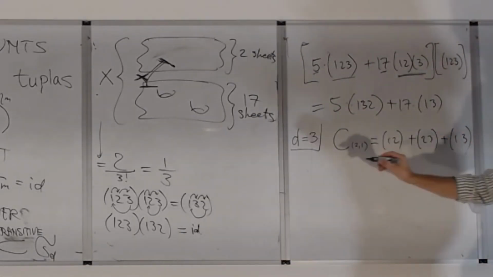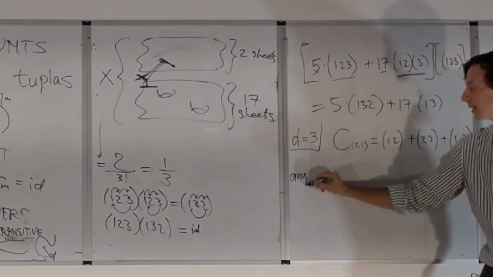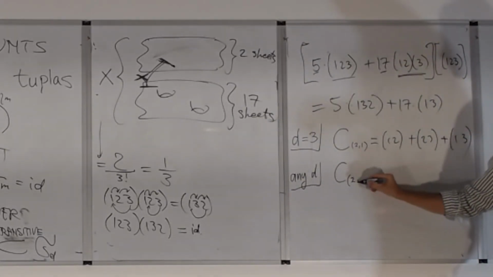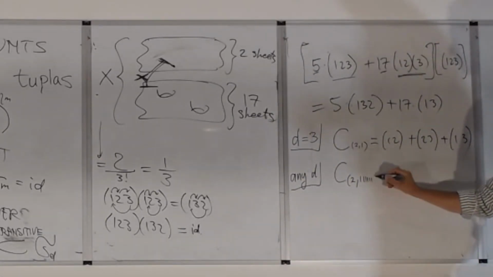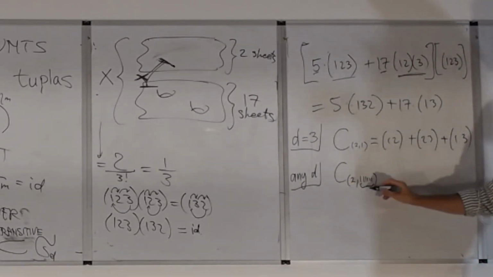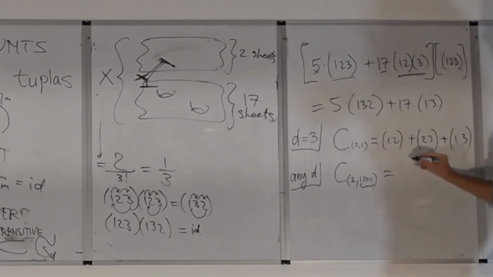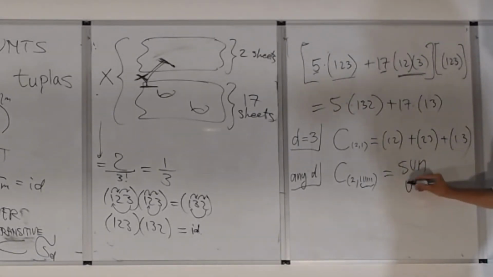In general, if you take any d, then C_(2,1,1,...,1), like whatever you need, you just complete it with ones. That's just the sum of transpositions.